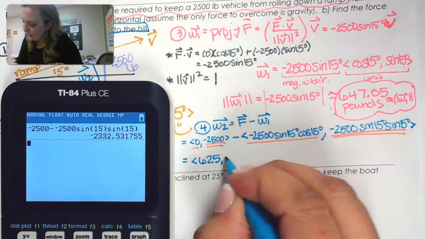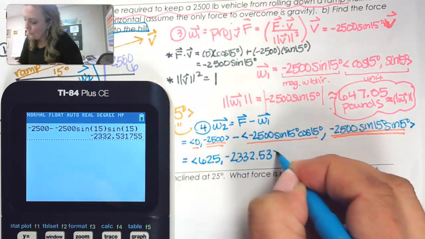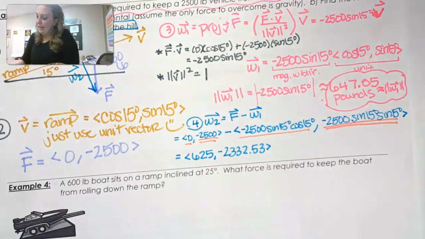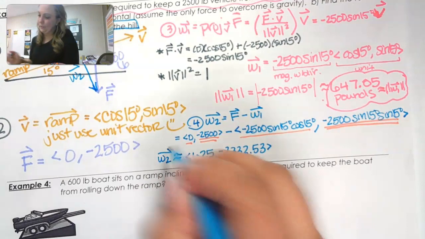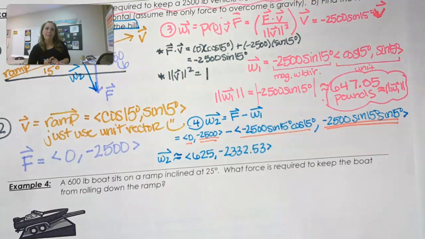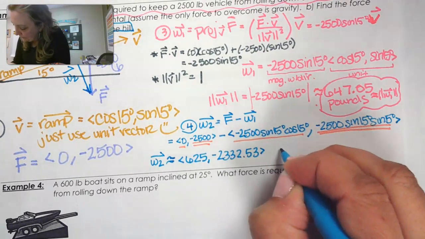This one isn't quite as cute. It's negative 2,332.53. And so I guess because I rounded, I should say that this is approximately equal to that W2. But once again, what we wanted is the force. So we're going to have to find the magnitude.